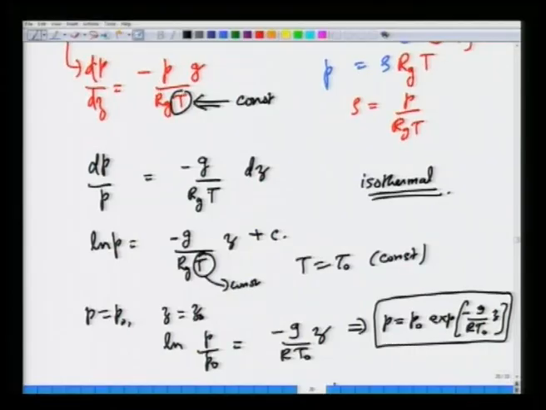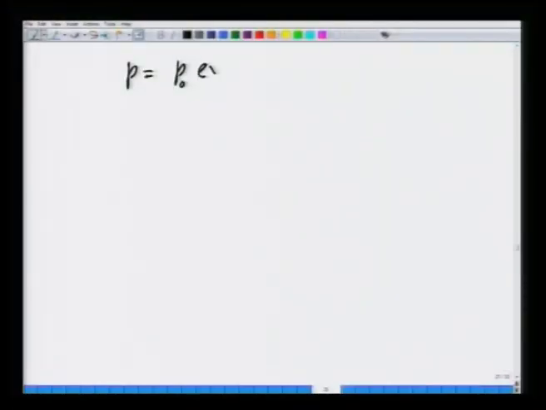So, we can integrate this equation for static fluids not just with the incompressibility assumption. Even if you assume the fluid to be compressible, by supplying the ideal gas law, we got a simple relation for the variation of the pressure with the elevation.